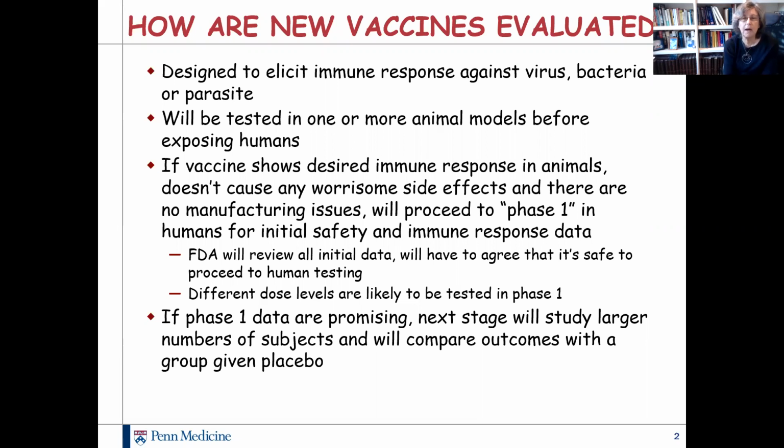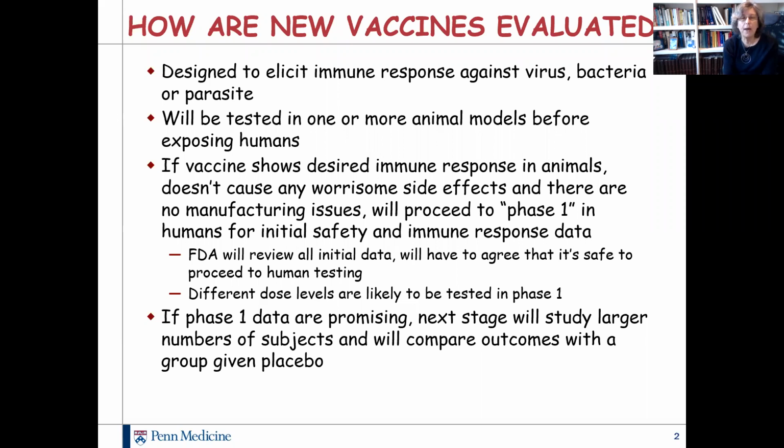Occasionally, they will look to see whether there's protection from disease in animals if the animal model is appropriate. So if you see the desired immune response in animals, there are no worrisome safety issues, and there are no manufacturing issues. Manufacturing is a big issue in vaccine development.